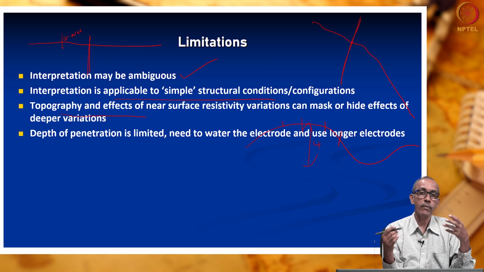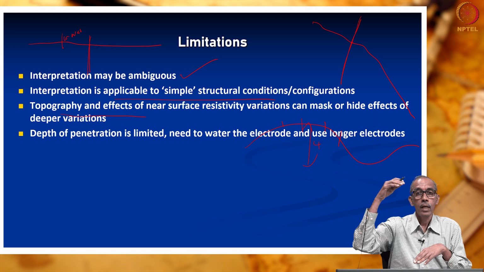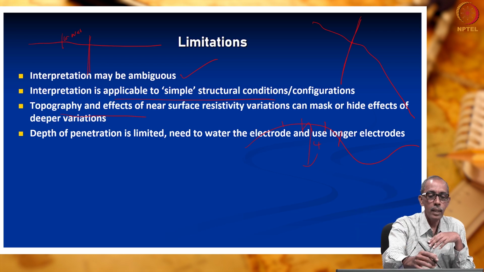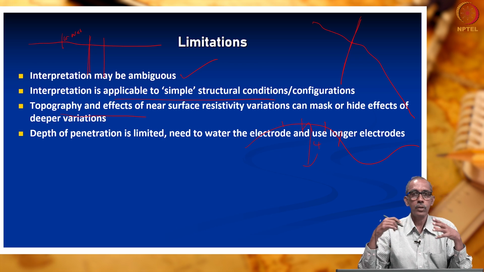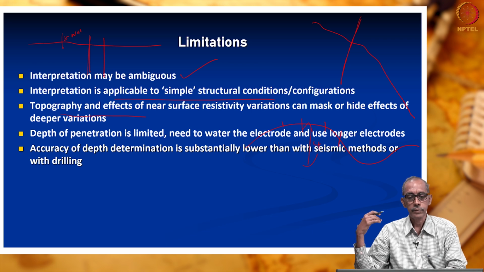When we conducted a survey in the coastal area, we used nearly 1.5 meter long electrodes. The entire 1 meter will be hammered into the earth, so that the current can easily flow into the earth. So, these are other limitations.